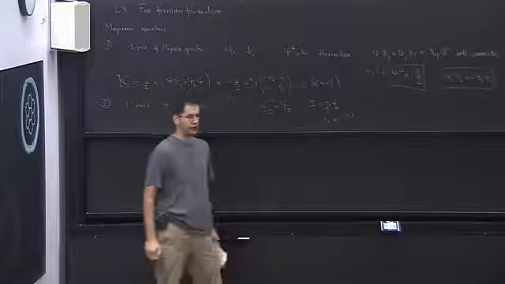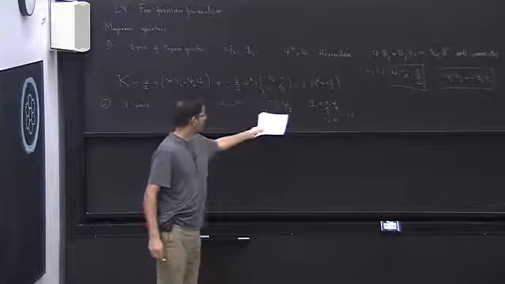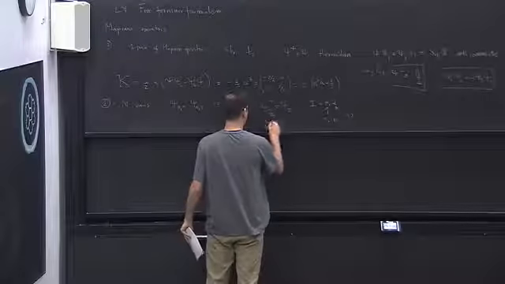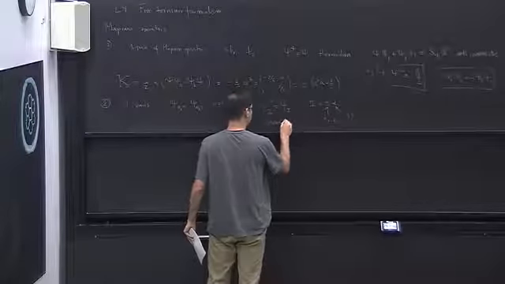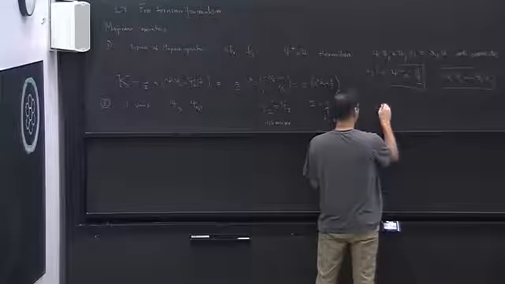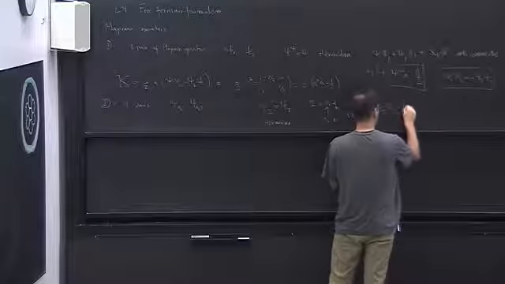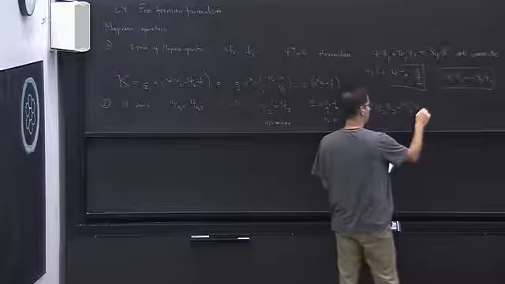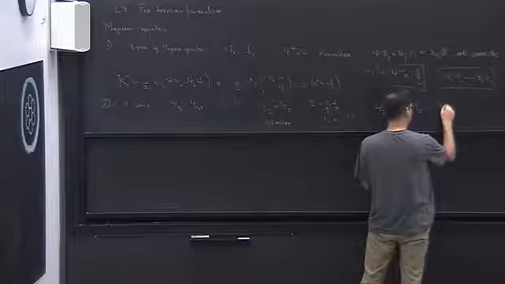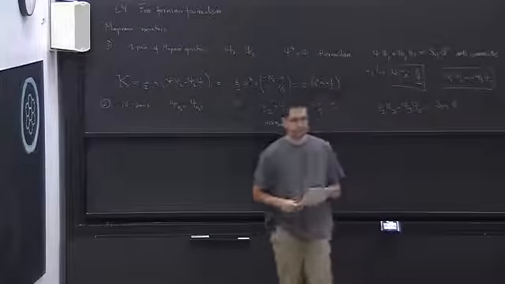It's a compact notation. So we'll have that, as before, these operators are Hermitian, or self-adjoint, and also that they anticommute. So psi I psi j plus psi j psi I is delta ij identity.